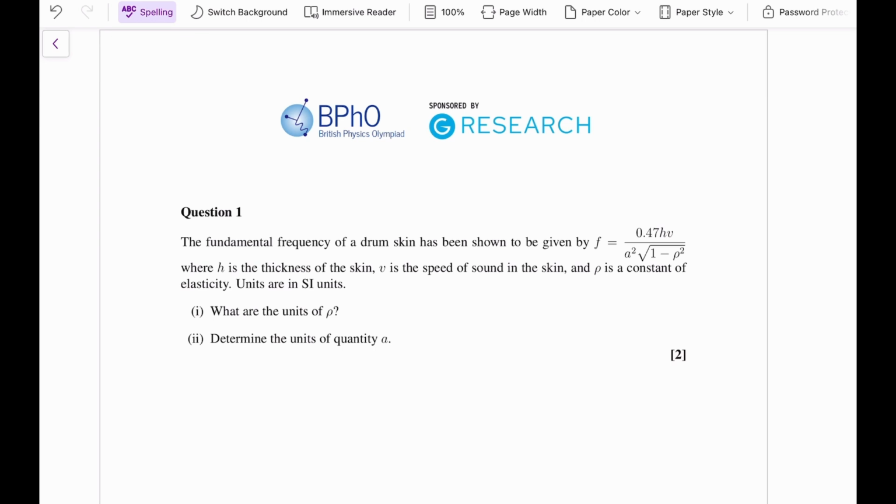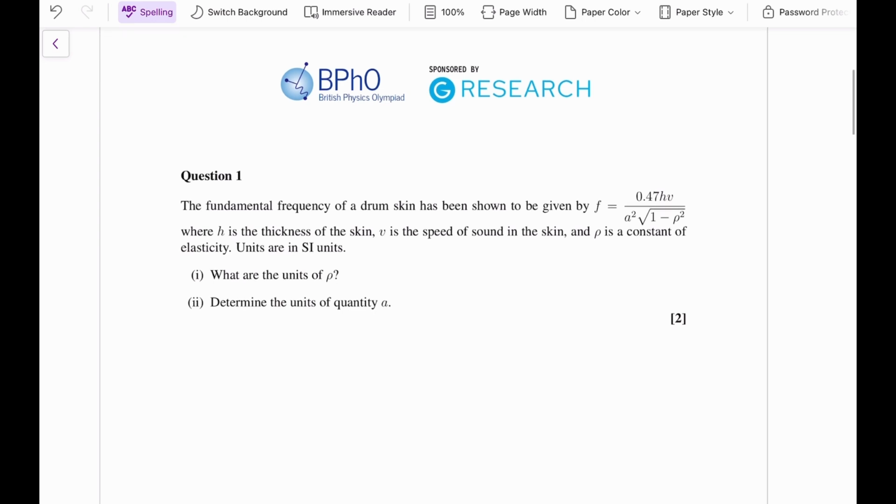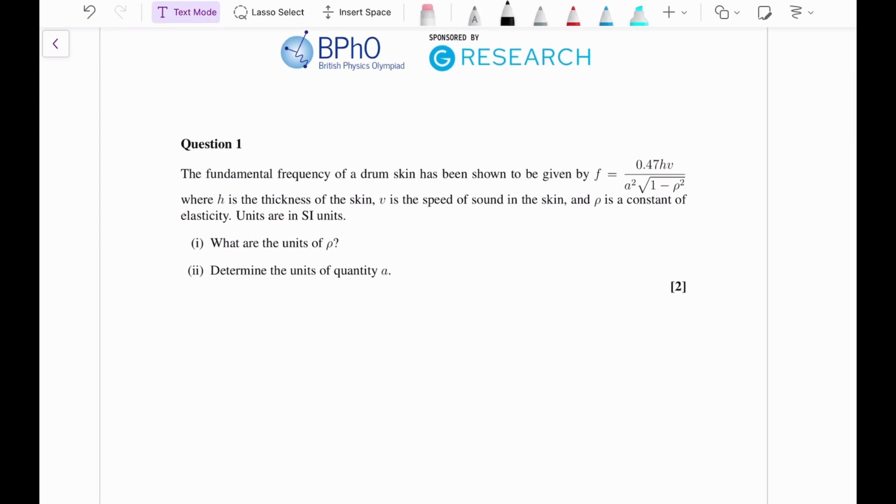Units are in SI units, so the first component asks us what are the units of rho. It says rho is the constant of elasticity. So basically what we know is that F is equal to kx. So the constant is just equal to F over x, where F is measured in newtons.